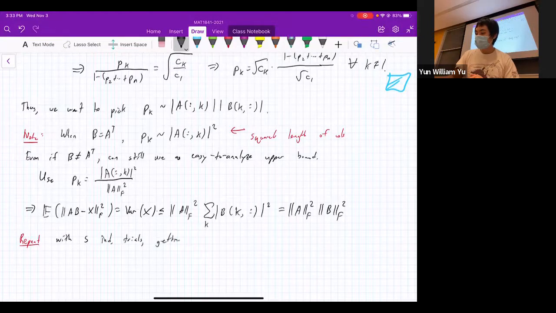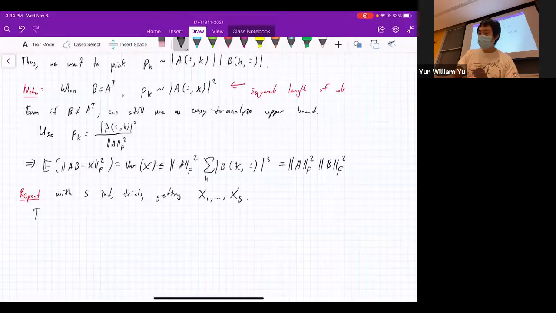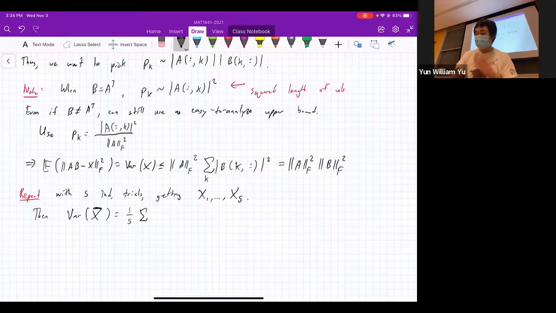So then we get a bunch of random variables, x1 through xs. And then we know that the variance of x bar, just the average of all these random variables, is equal to 1 over s times the sum from i equals 1 to s of the variance of xi.